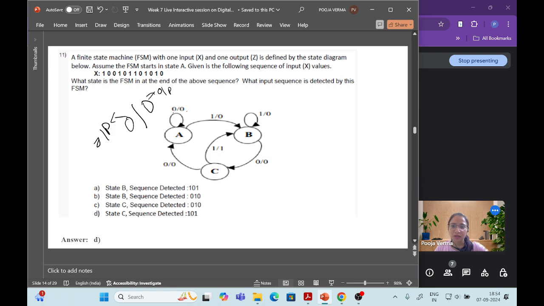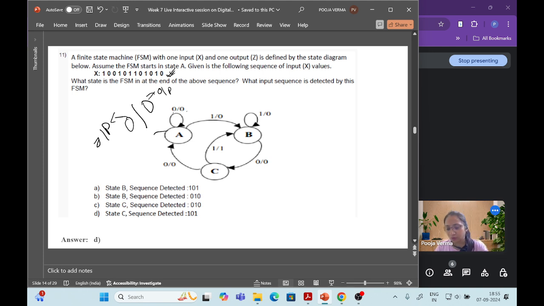Assume the FSM starts in state A. Given is the following sequence of input x values. What state is the FSM in at the end of the above sequence, and what input sequence is detected by this FSM?